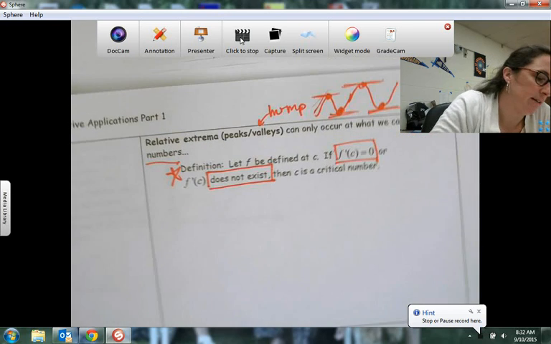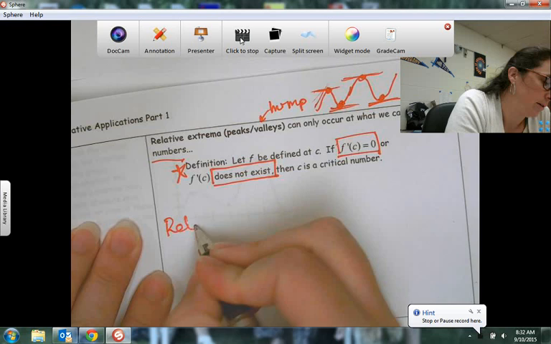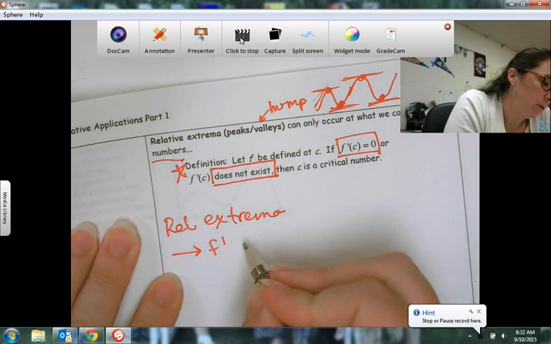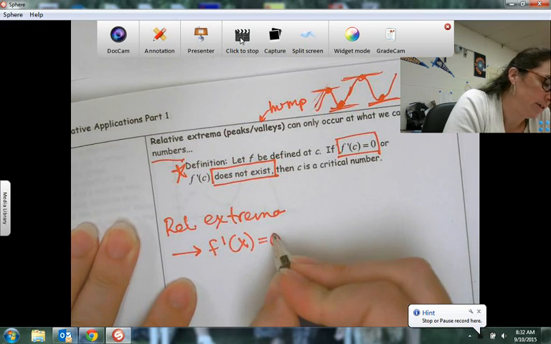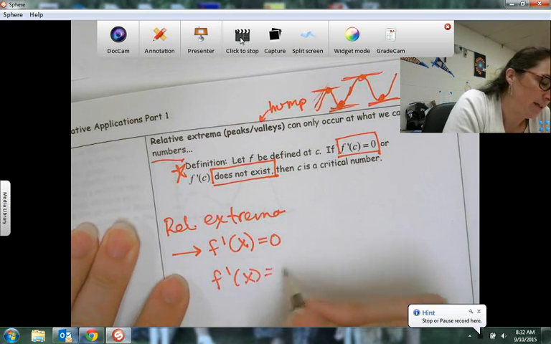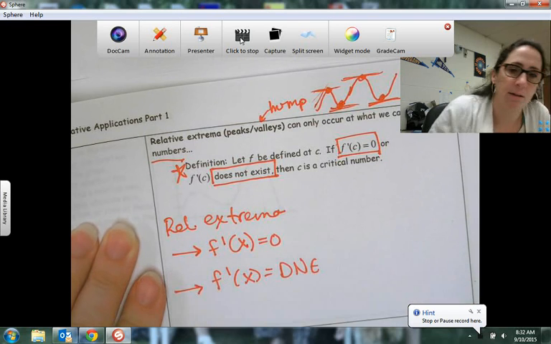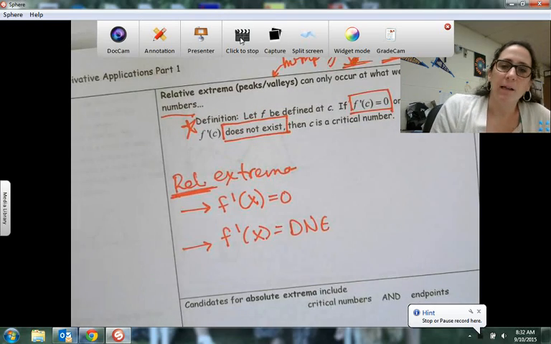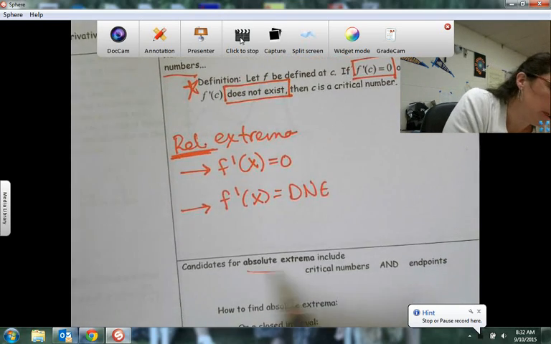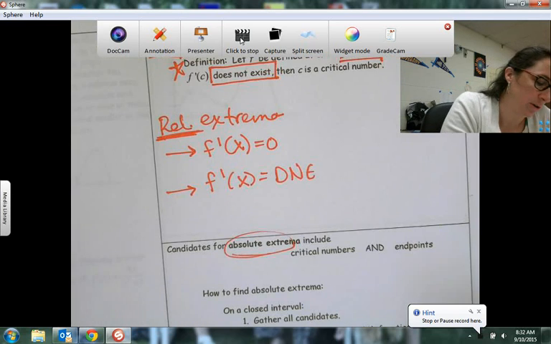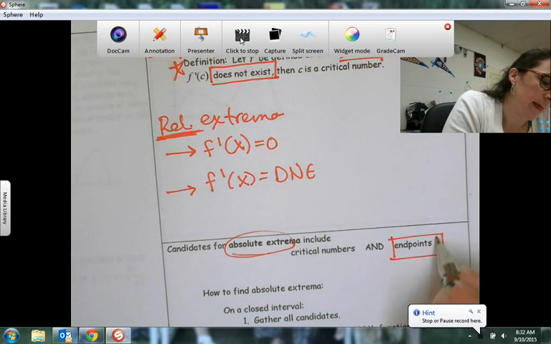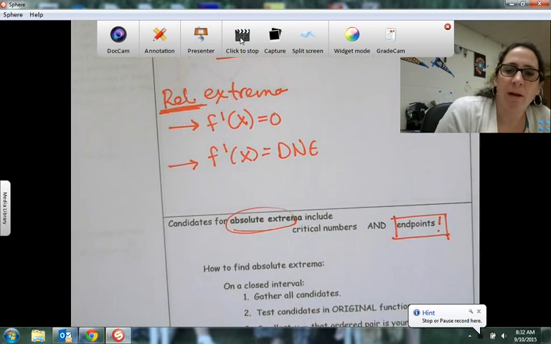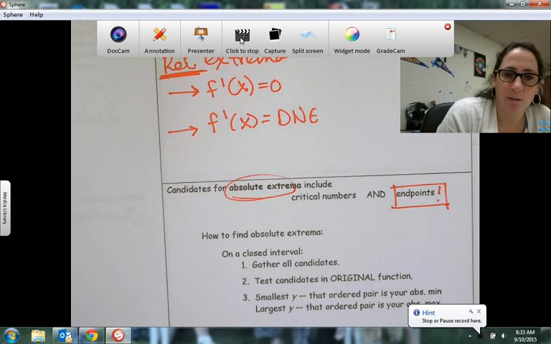So absolute extrema are going to occur where f prime of x equals 0, f prime of x does not exist, and the endpoints. So you want to check for these as much as you can, okay? And those are all going to be the critical numbers for your extrema. Absolute just has the endpoints.